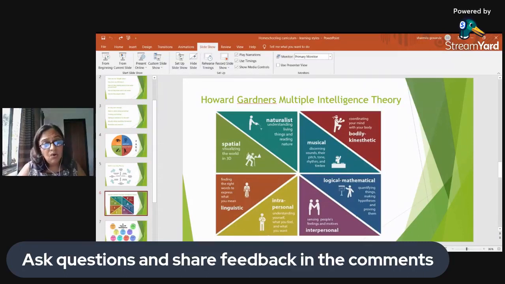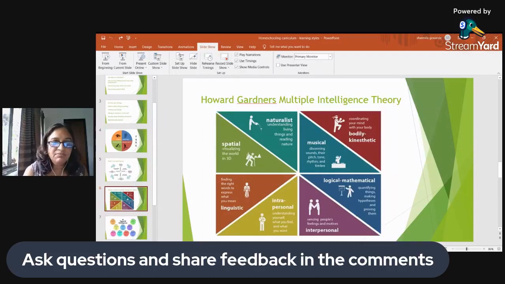He says that all these intelligences are part of us, and a combination of these play a role in the child's learning. So just imagine, millions of combinations are possible for a child to learn anything. And all these intelligences are at play when they are learning a new concept or something.